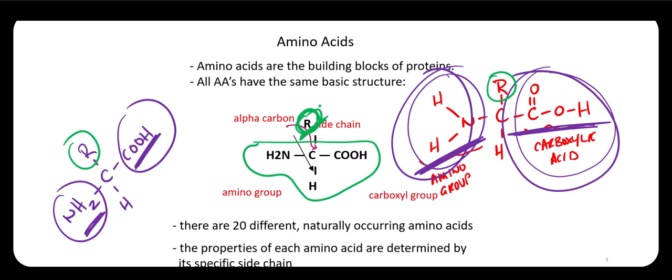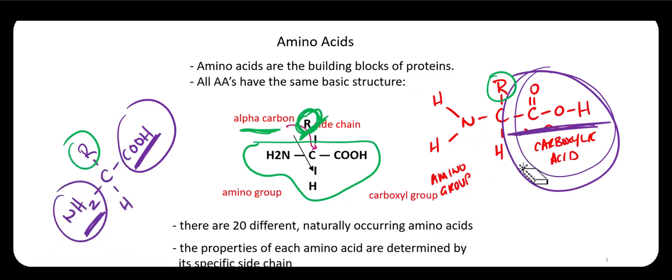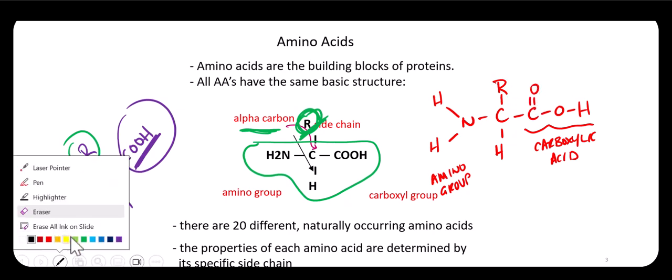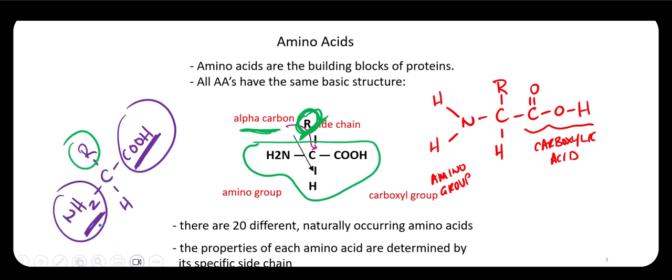So that's the R group. What this alpha carbon thing is, is something we'll come back to. Let's do it quick since it is marked here, but we'll get into it in more detail later on. The alpha carbon is the carbon next to the carboxyl carbon. So we call this carbon the carboxyl carbon.